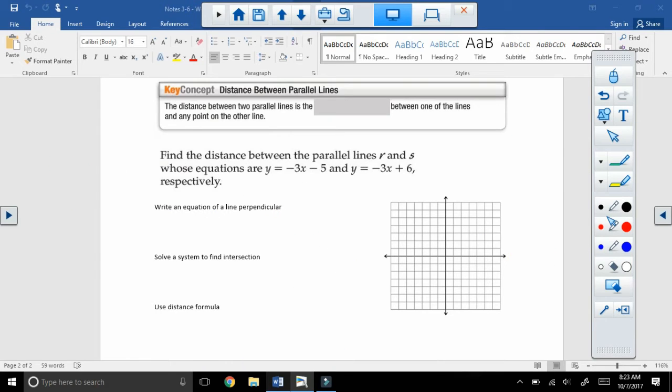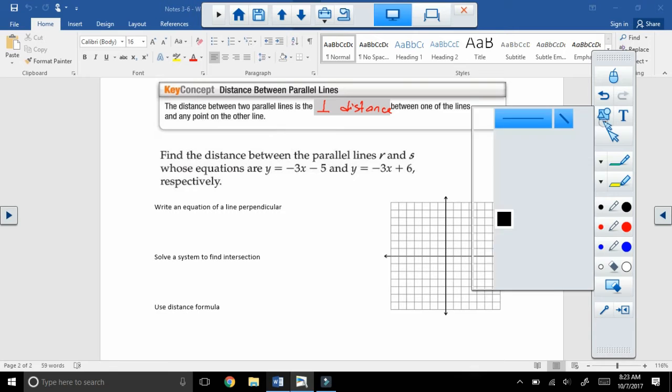We also need to look at the distance between parallel lines. The distance between two parallel lines is the perpendicular distance between one of the lines and any point on the other line. So I'll just abbreviate so it fits in here. Really we have a lot of different places that we could be measuring this.